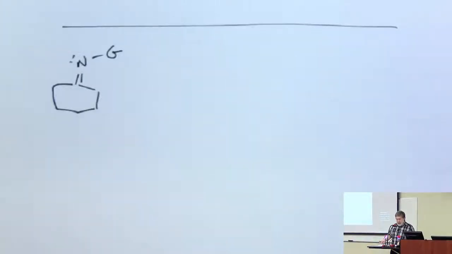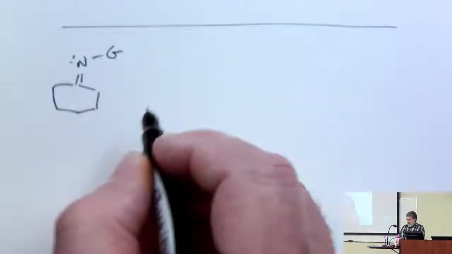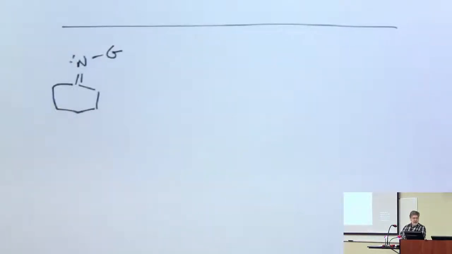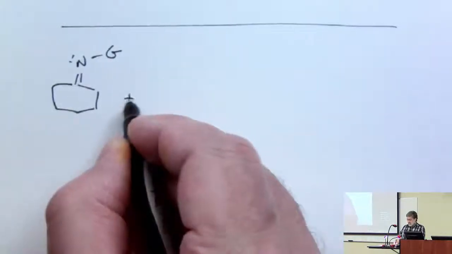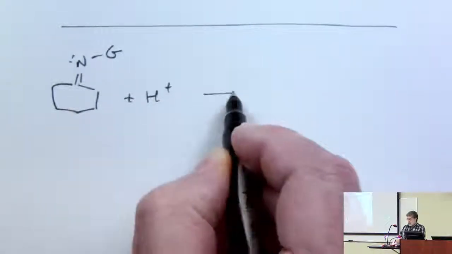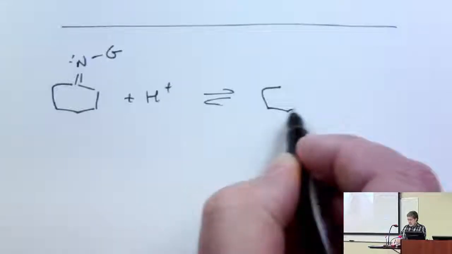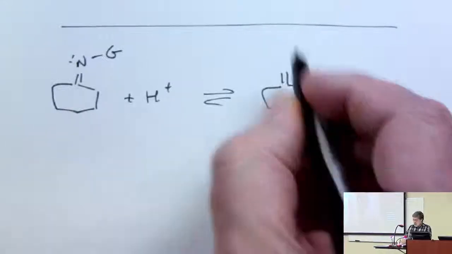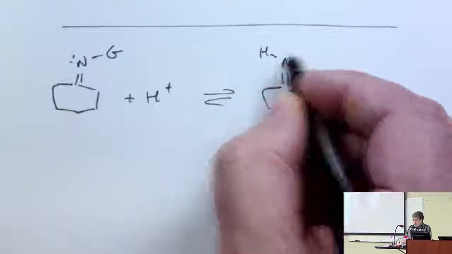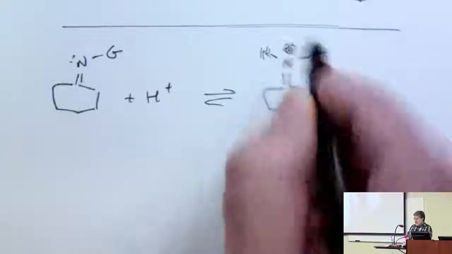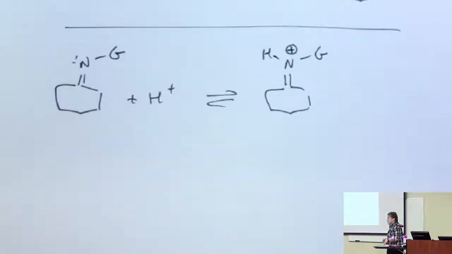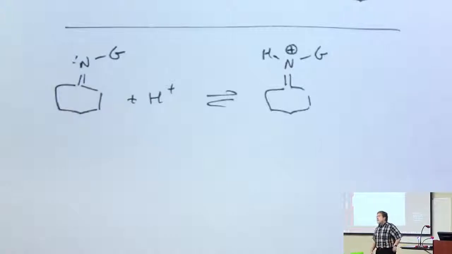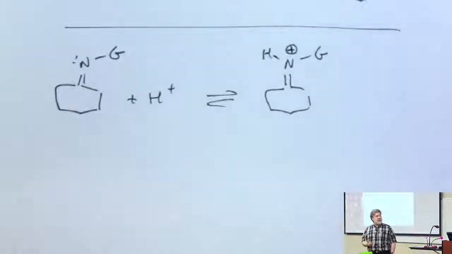So now let's go back to this. In order for this reaction to be easily reversible, what has to be true? What has to be true is that this step has to occur, right? Protonation of the nitrogen, right?